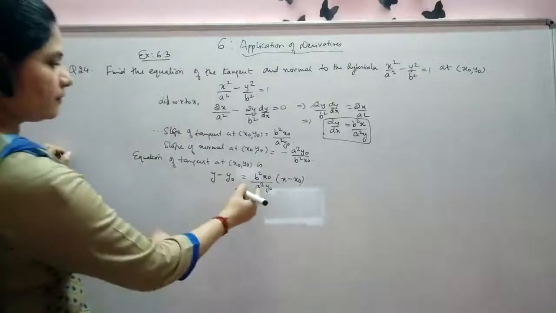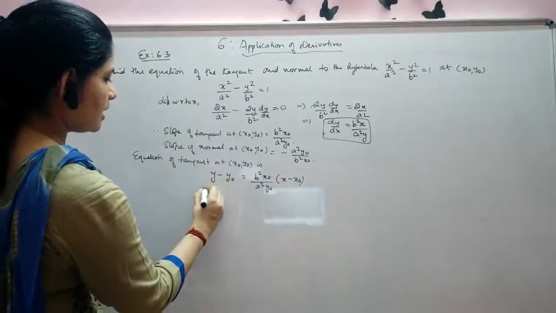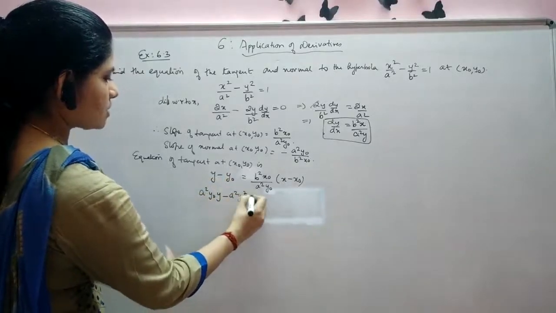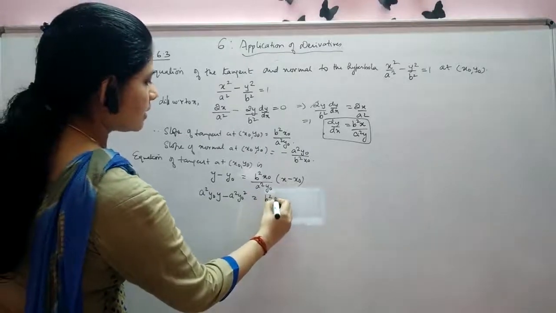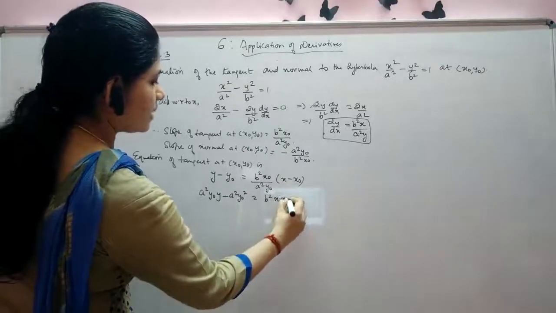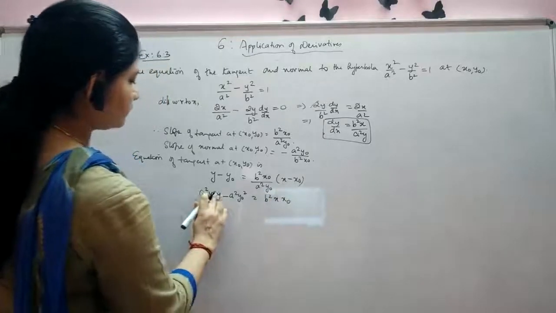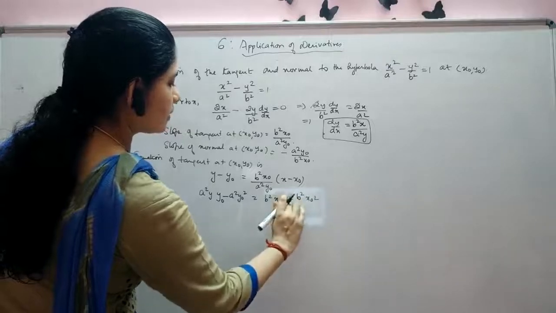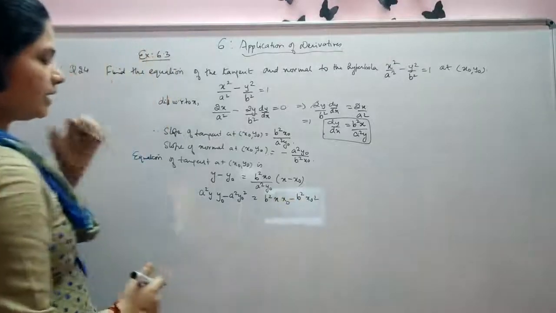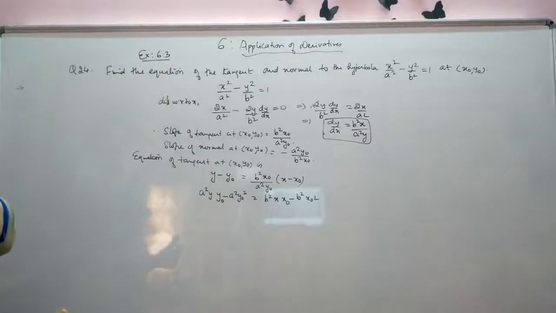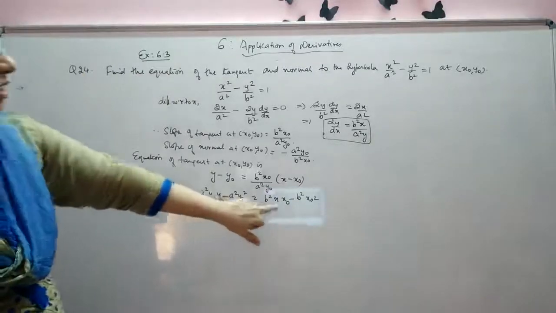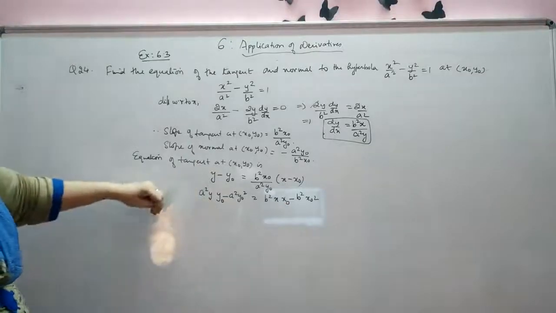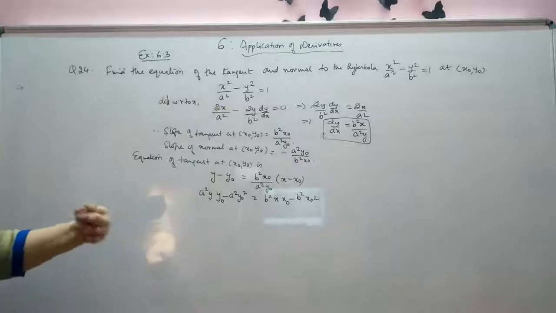Now taking the cross multiplication, you will get a square y naught y minus a square y naught square is equal to b square x naught x minus b square x naught square. Okay. Now what we will do is, we will just collect the terms of these two together and these two together. Okay. X naught y naught together and x naught square y naught square together.